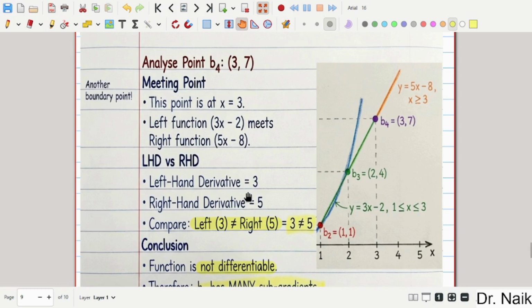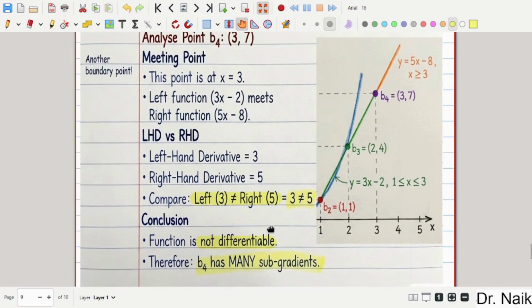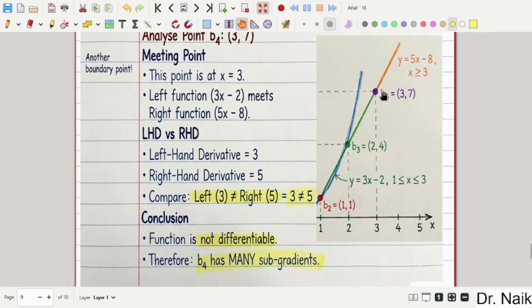The left hand derivative, from 3x minus 2, is 3, and the right hand derivative, from 5x minus 8, is 5. The left hand derivative is not equal to the right hand derivative because 3 is not equal to 5. Therefore the function is not differentiable at B4, and B4 has many subgradients.